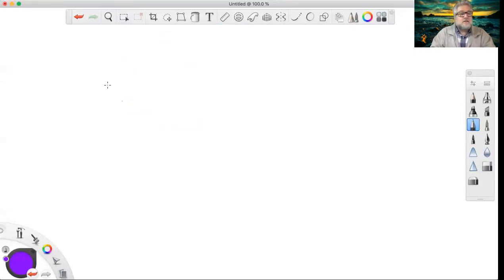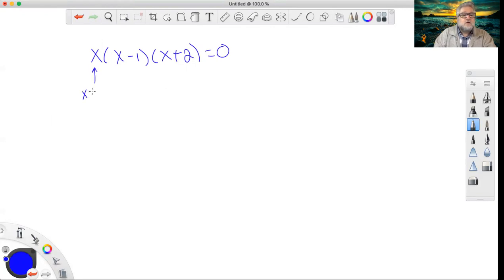Not rocket science. But now let's look at something like x times x minus 1 times x plus 2 equals 0. If we need to solve for this, we use that zero factor rule and say that either x equals 0 or x minus 1 equals 0 or x plus 2 equals 0.